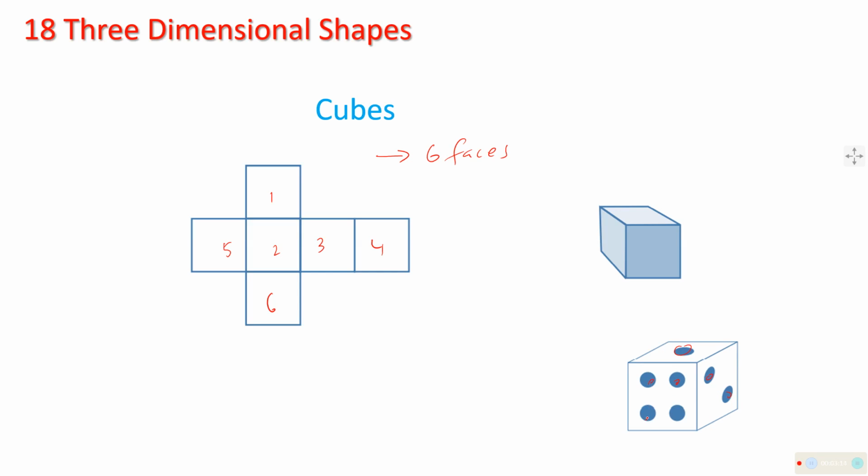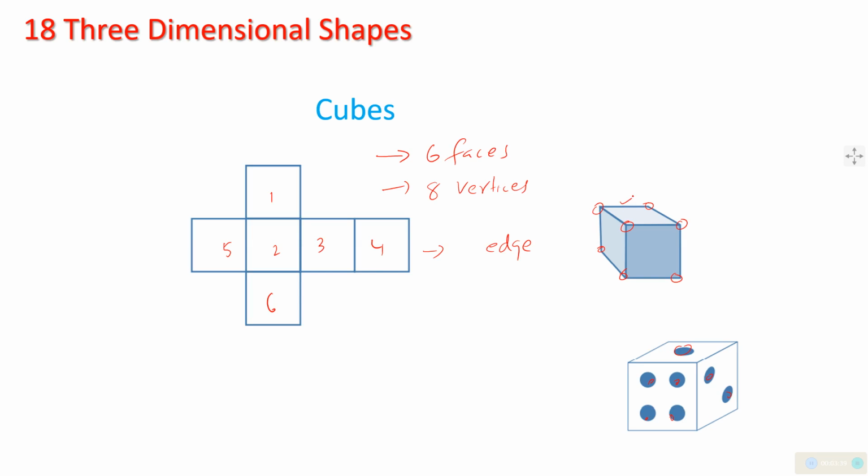Also, we know that if you think about vertices, these corners, 1, 2, 3, 4, 5, 6, 7, and 1 which is invisible. Thus 8 vertices are there. And then the concept of edges. Edges are the meeting point of two faces.